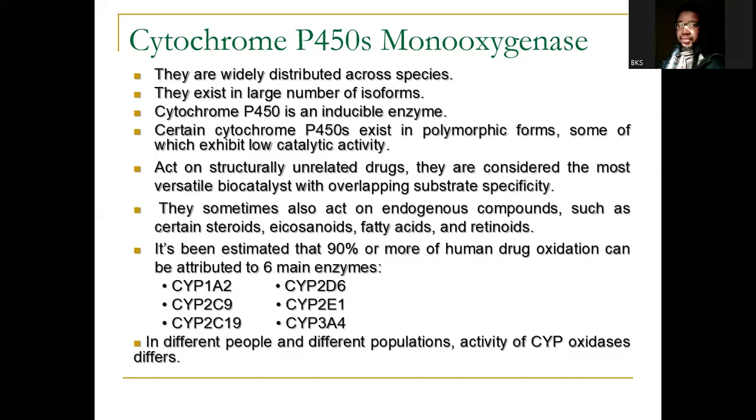Now, the next thing is that these enzymes are inducible, meaning that some substance can increase their activity or decrease their activity. Increasing their activity could mean increasing the synthesis of the messenger RNA.